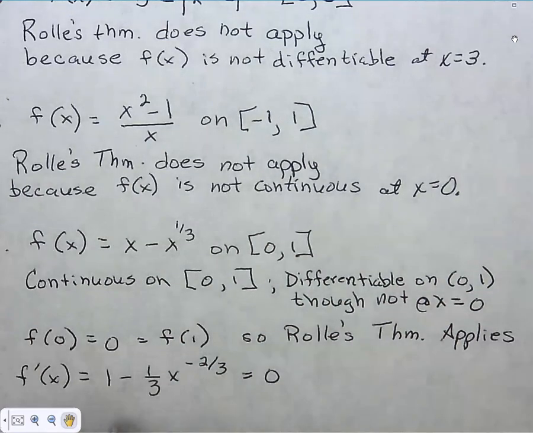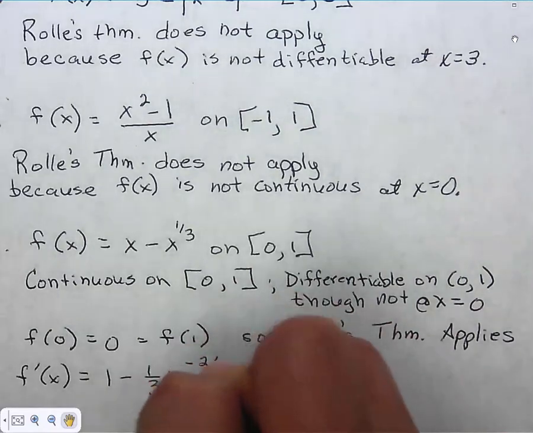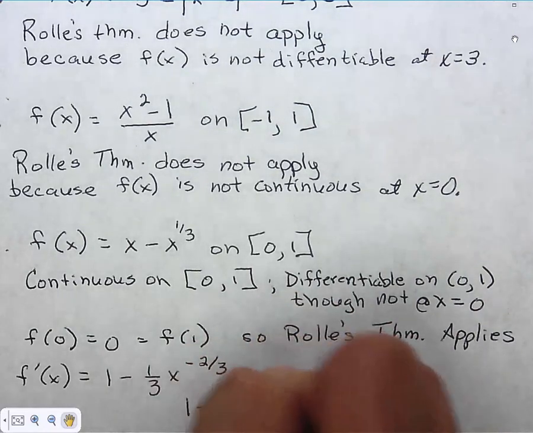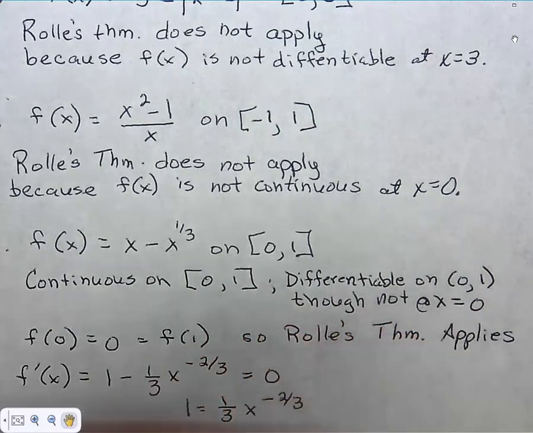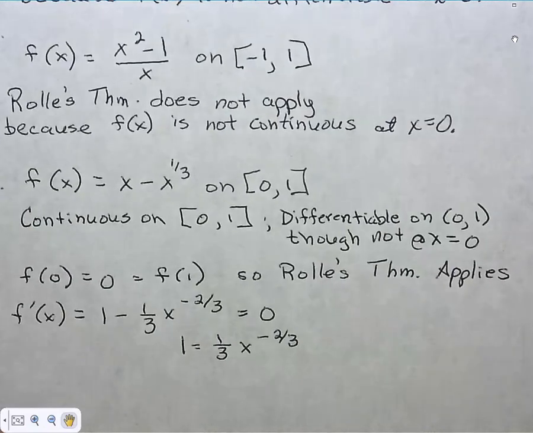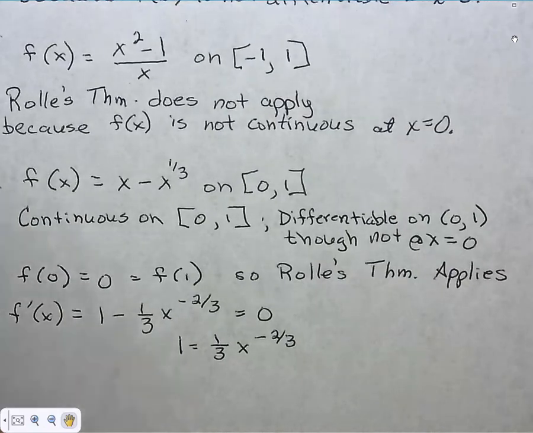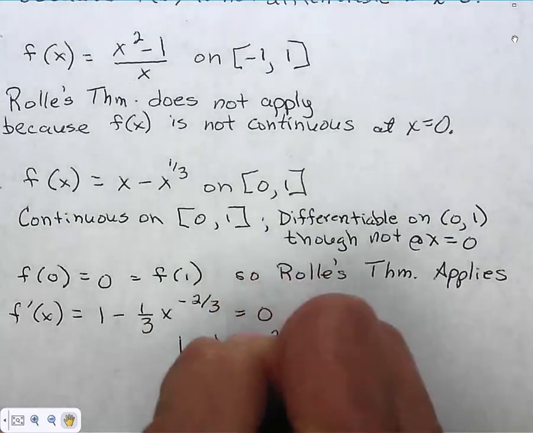You could either get a single fraction and see what makes the numerator 0, or you could add 1/3 x to the negative 2/3 to both sides. And then multiply both sides by 3.